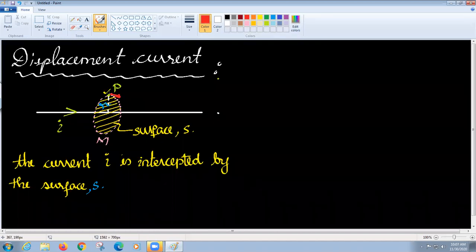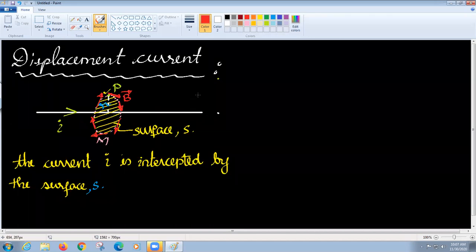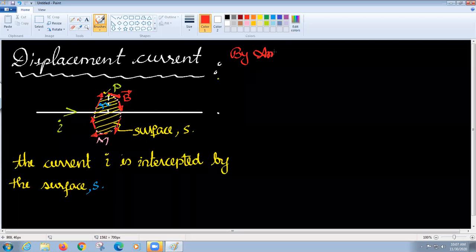Every point I can draw tangents, like this. If I take my right hand palm rule, this is your B. Your B is all around. So at point P, we wish to find the magnetic induction due to this wire, and I use Ampere's law.